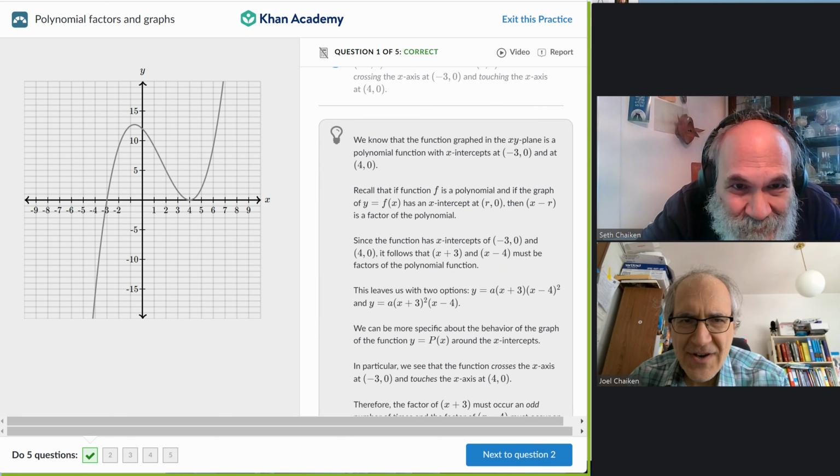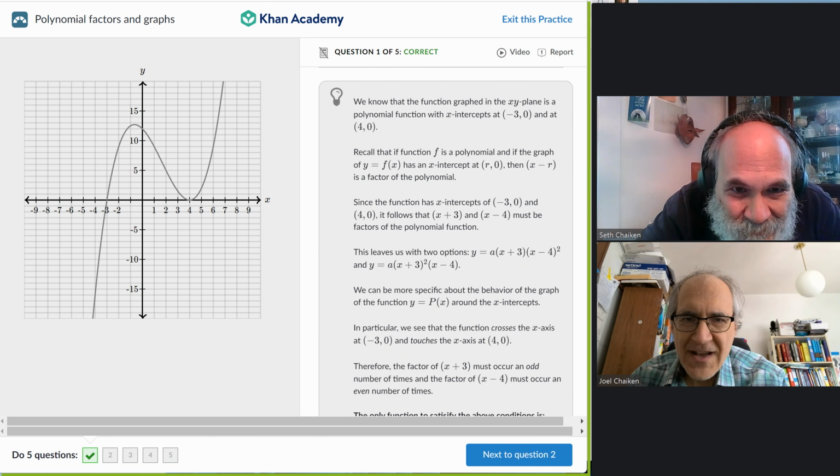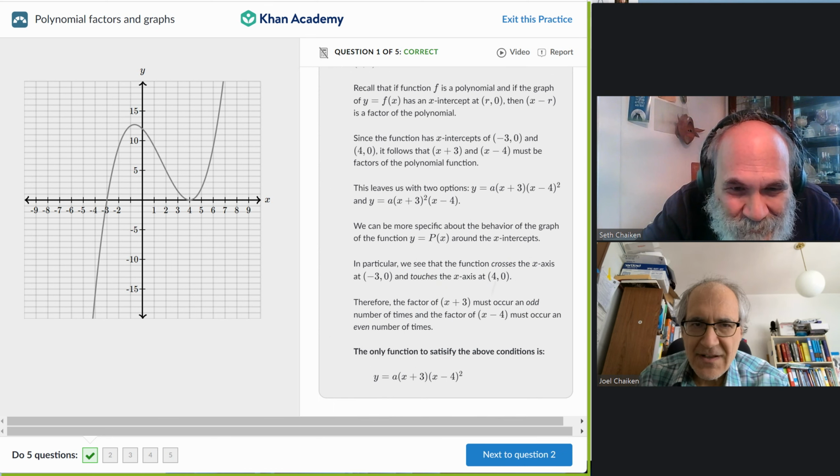Okay, we know the graph in the xy plane is a polynomial function. Recall that if the graph has an intercept, it is a factor of the polynomial. Very important. That leaves us with this.